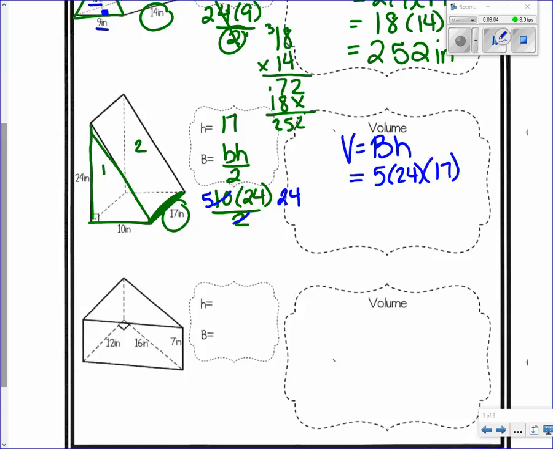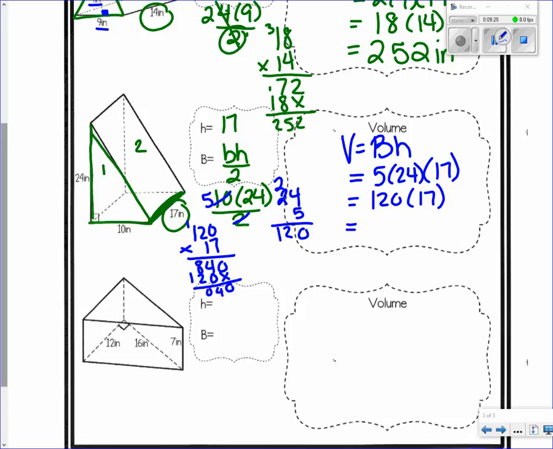So 24 times 5 is 120 times 17. So I get 2,040 inches cubed.